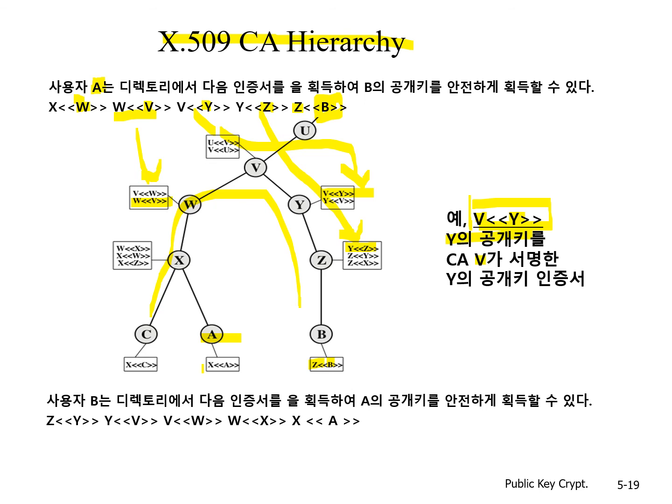Here X signs W's public key. So Alice already knows X's public key. Then she can finally obtain Bob's public key.